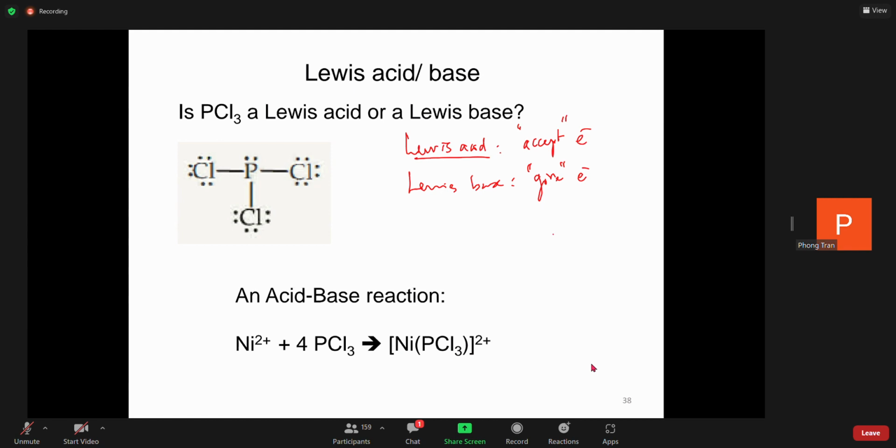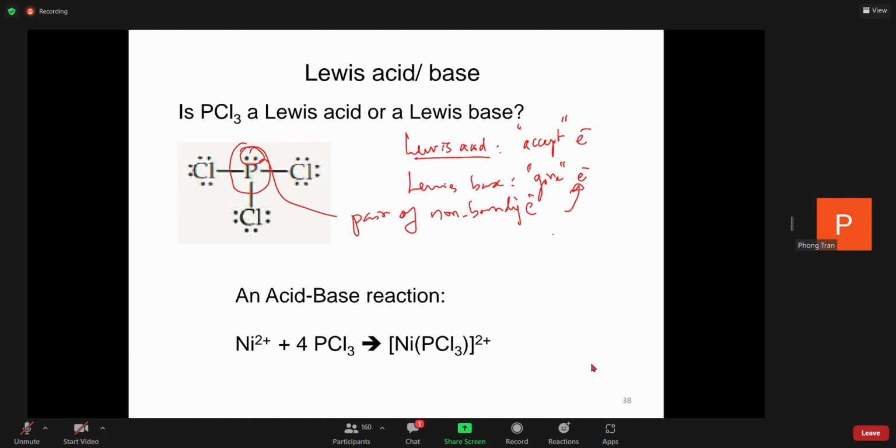So here you can see that on the central phosphorus atom, you have a pair of non-bonding electrons. So it can give the electrons to another compound.